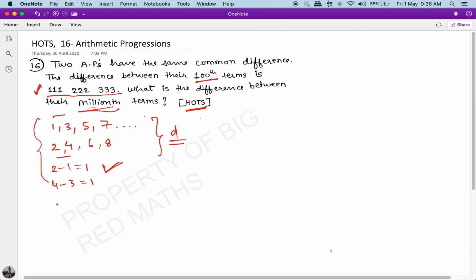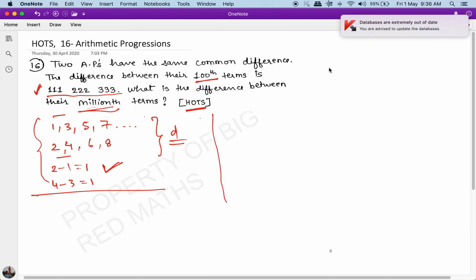Another example I'll take is, let's take the exact same thing in terms of variables. Let's say there are two APs.